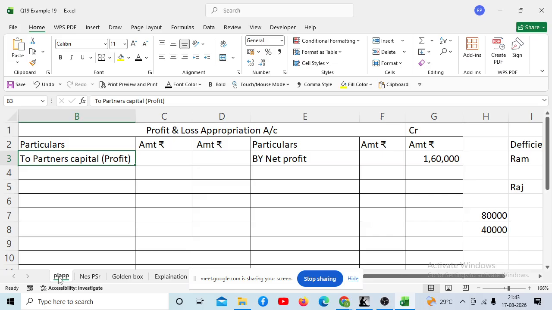So 6 twos are 12 and 2 eights are 16, 80,000 will probably come. Okay. So just write Mohit into bracket 80,000. Keep the bracket open. Don't consider this amount right now. Okay. How much will Rohan get? Tell me.